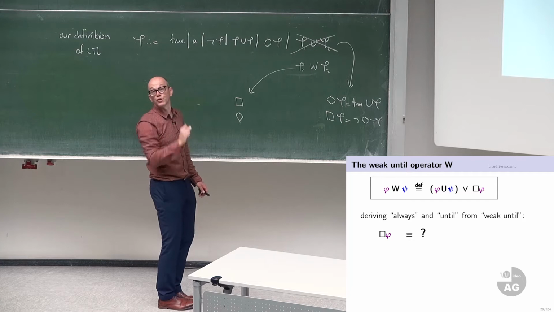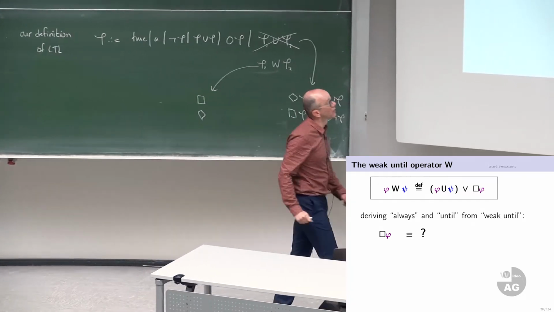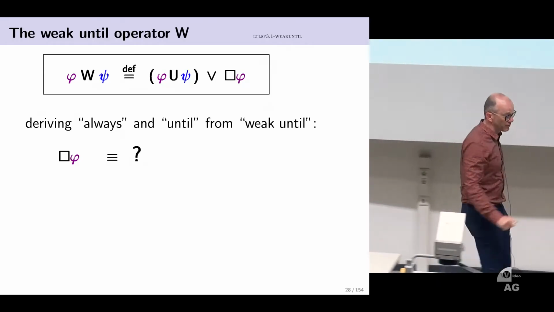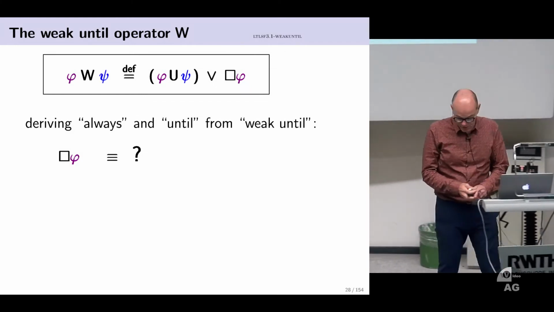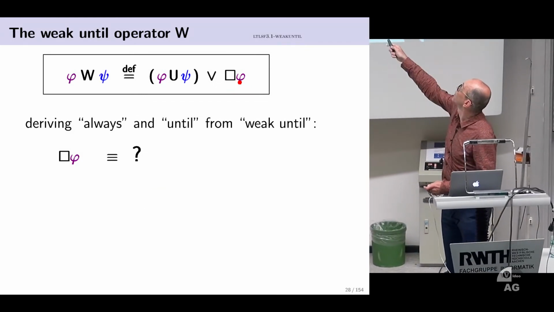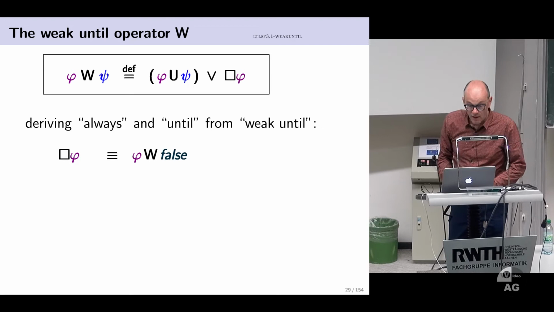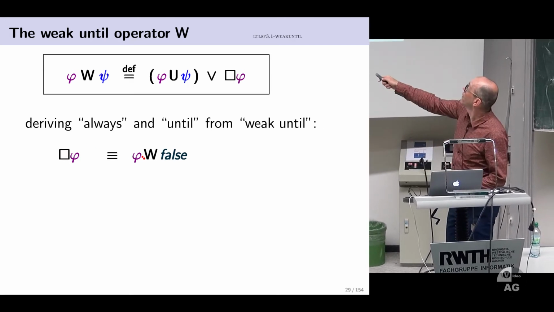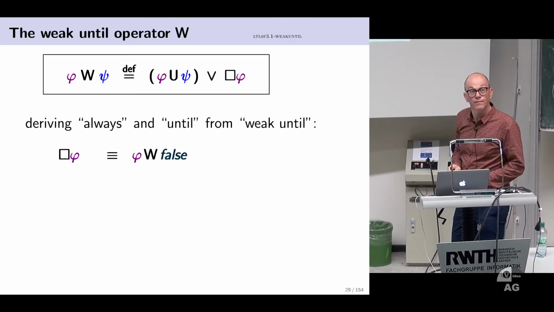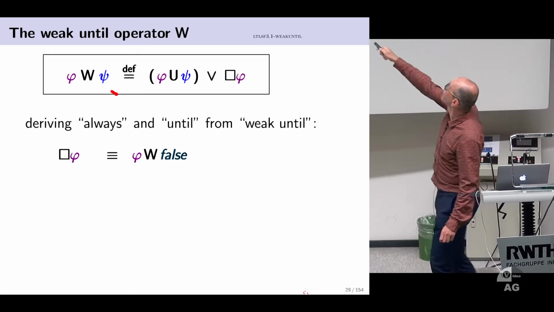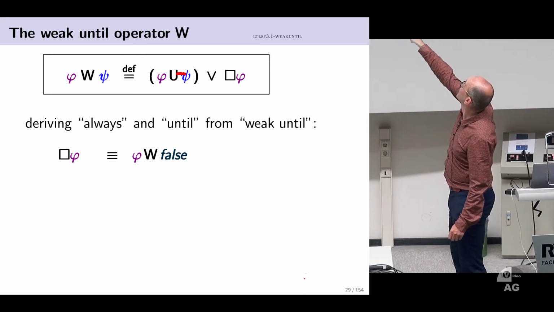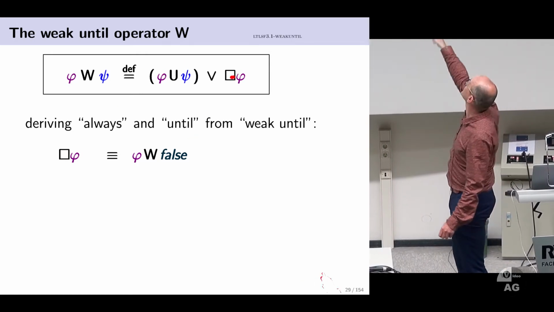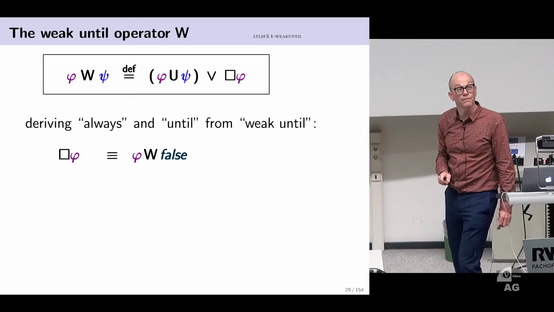So basically we reverse the role of box and eventually. So how do we get box of phi? Well, that's not so difficult, right? Because this is something of the form phi weak until false. Because if this is false, then the until part will never become true, and then exactly we get box.